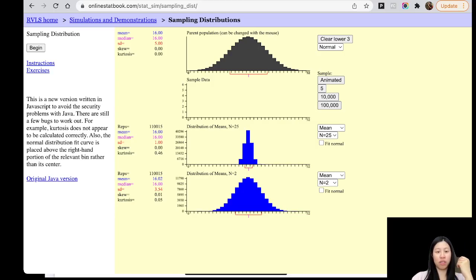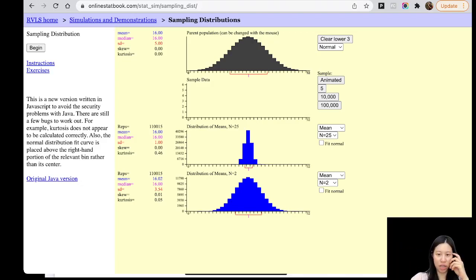Whether you have a sample size of 25 or 2, you all have a mean of 16, but the standard deviation is different. The larger the sample size, which is 25, the smaller the standard deviation will be. That means the less spread the graph is going to be.